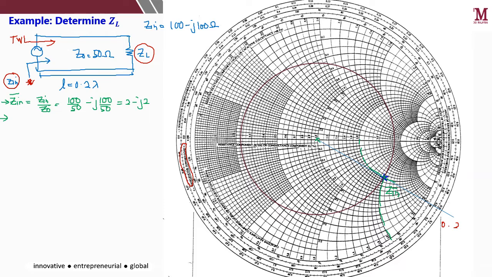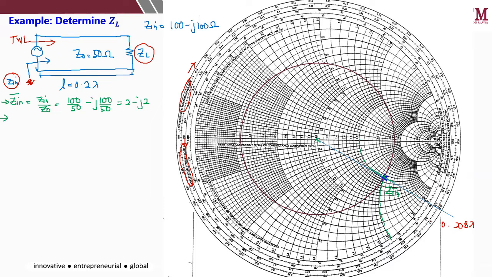So it's not on the same axis as towards generator. So towards generator is pointing clockwise, while towards the load the arrow is pointing anti-clockwise, and you need to read through the middle axis. Okay, so it's somewhere here, 0.2, 0.21, so some 0.208. That's the current position. So the total length of the transmission line is 0.2.